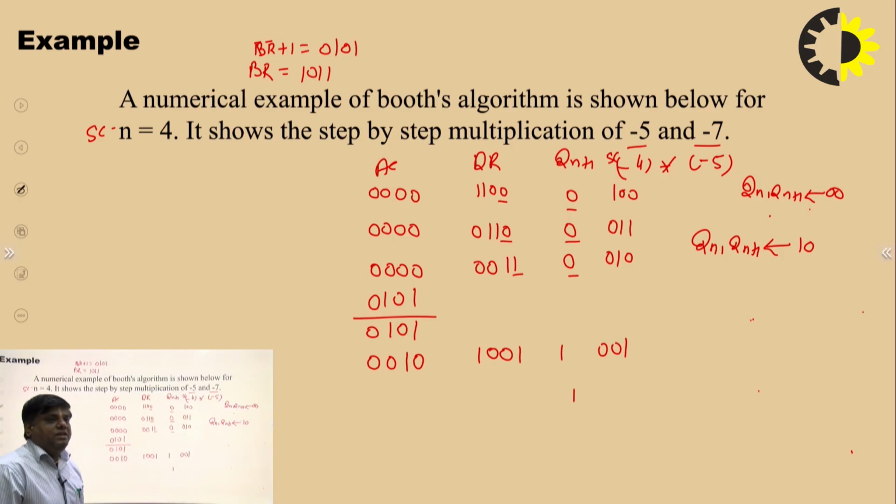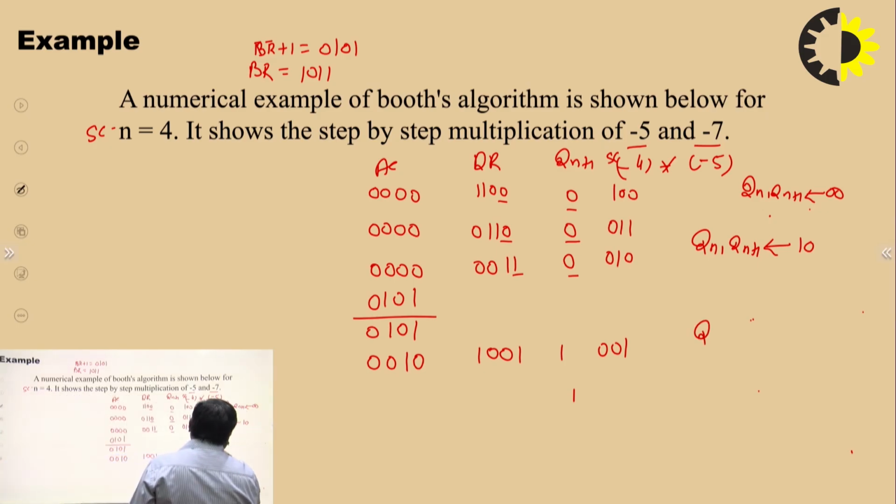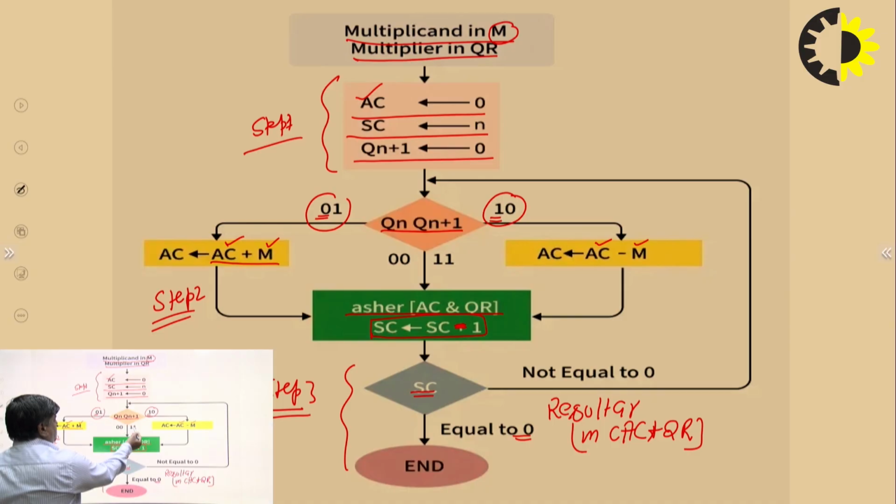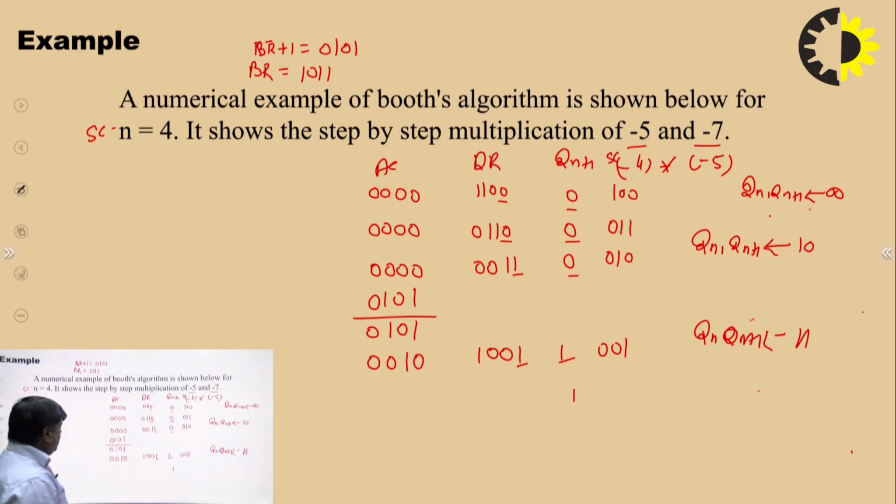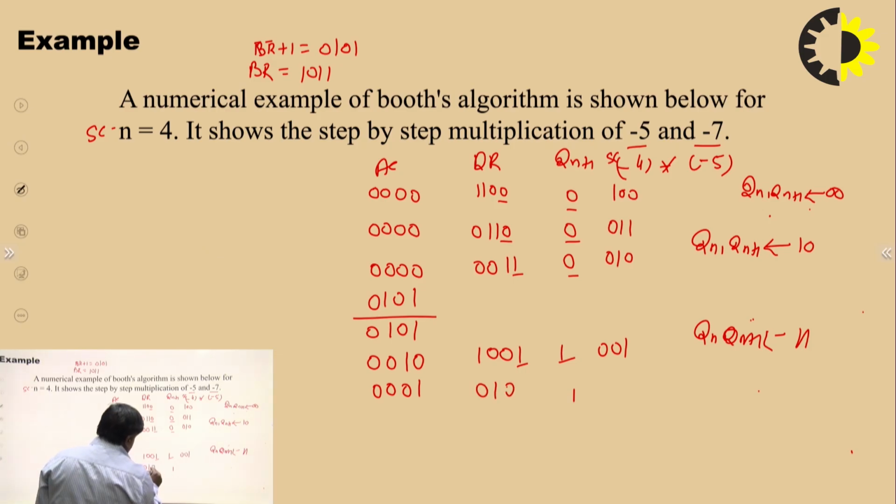Again check SC. If SC is not 0, then we again check Qn and Qn plus 1. Now this time Qn and Qn plus 1 are 1, 1, and for the 0, 0 or for the 1, 1 we simply perform the arithmetic shift and SC is equal to SC minus 1. Now simply arithmetic shift, that is 0, 0, 0, 1 and here is 0, 1, 0, 0 and here is a 1.